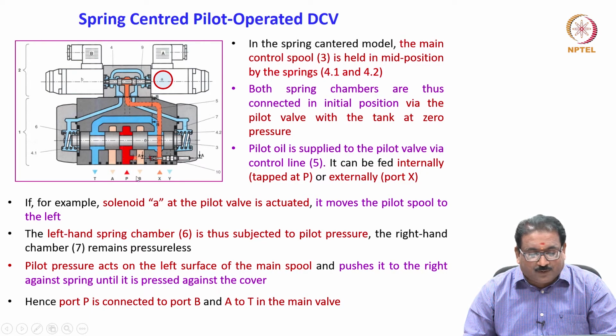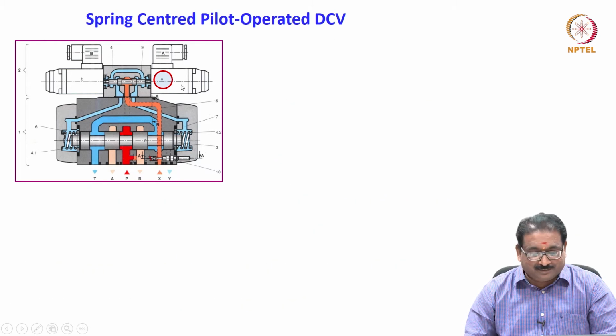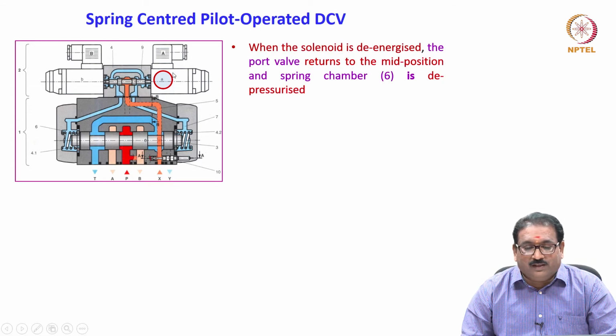P is connecting to B, A is connecting to tank, when A is energized. When the solenoid is de-energized, what happens, friends? When the solenoid is de-energized, automatically this oil will be cut. The pilot valve returns to the mid position, and the spring chamber is depressurized.